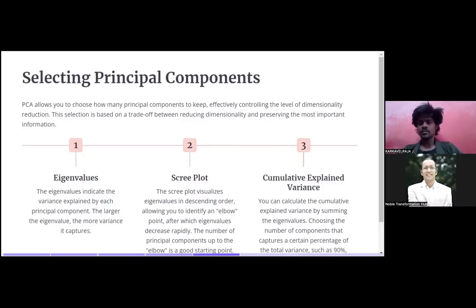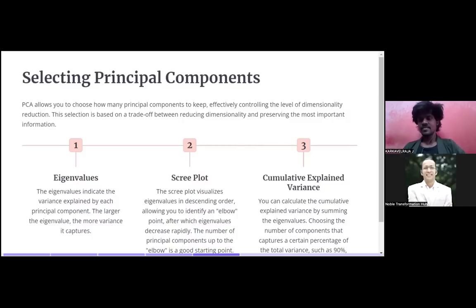Let us understand selecting principal components. PCA allows you to choose how many principal components to keep, effectively controlling the level of dimensionality reduction. The fundamental nature of PCA is dimensionality reduction: keeping the relevant data, attributes, and features in the model, and removing those which are not necessary.